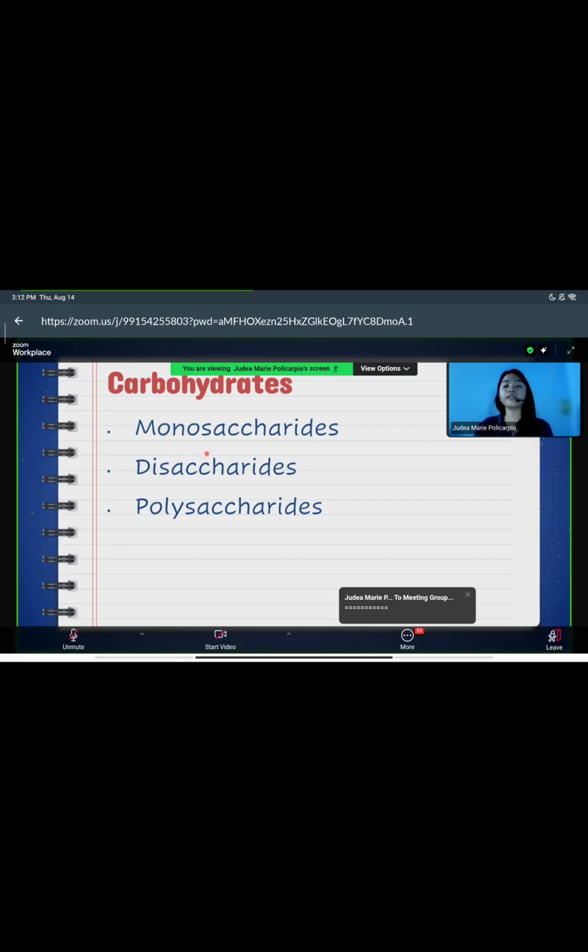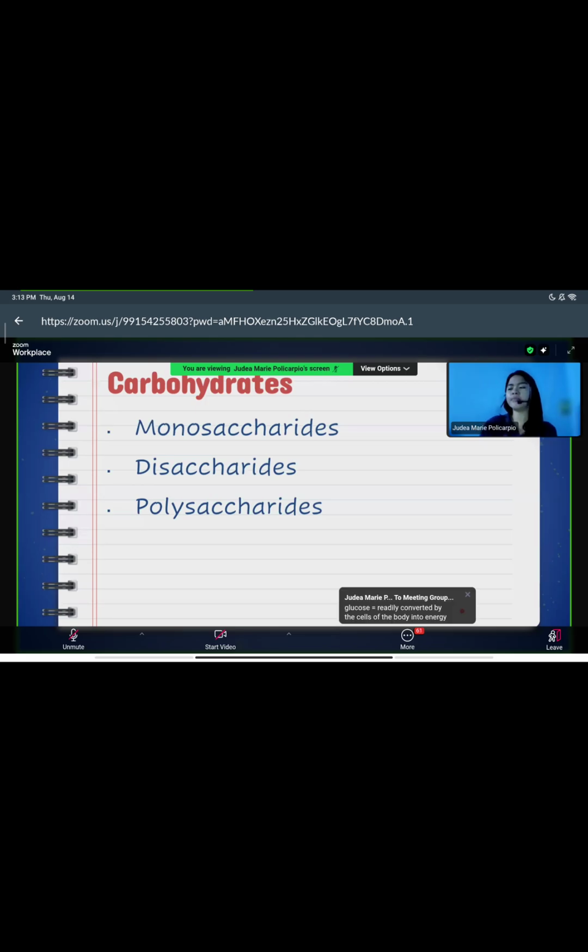Puntahan natin si monosaccharide. One of the most important monosaccharide natin ay si glucose, which is somehow synonymous to your dextrose. Okay? And laging tatandaan, glucose is the only sugar that is readily converted by the cells of the body into energy.